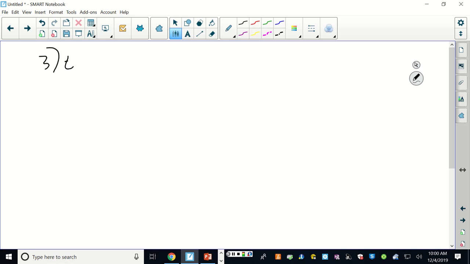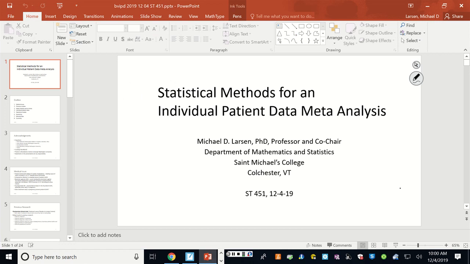But what I wanted to do to finish up today is look at an example. It's a project that I worked on at George Washington University. It's actually still ongoing in a way, about something called bacterial vaginosis. And it was something called an individual patient data meta-analysis.